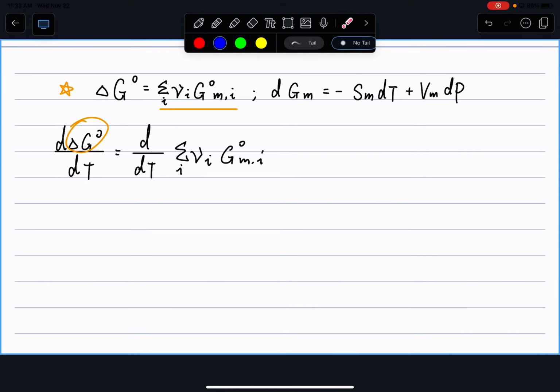Some things are not dependent on temperature. Your stoichiometric coefficient doesn't care what your temperature is. So we can write that as the summation of your stoichiometric number, and in there we have dG naught over dT.